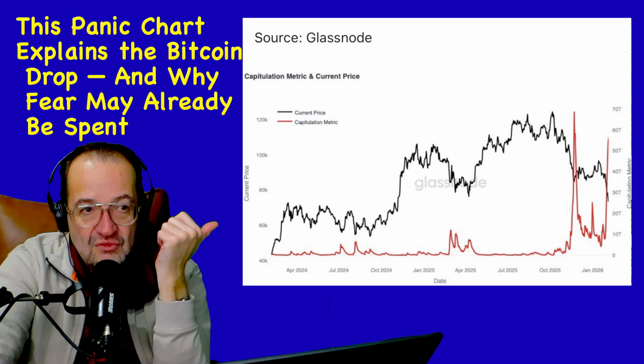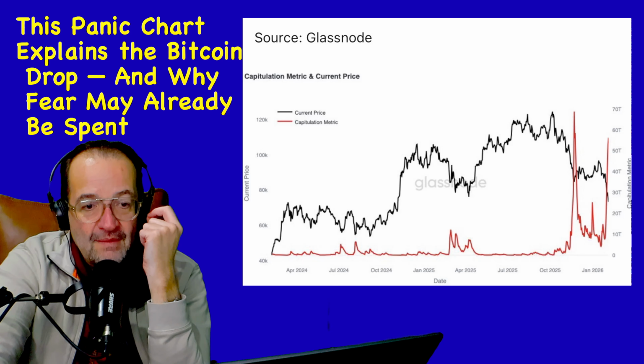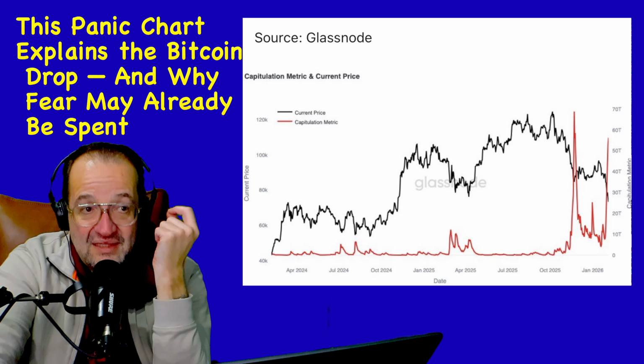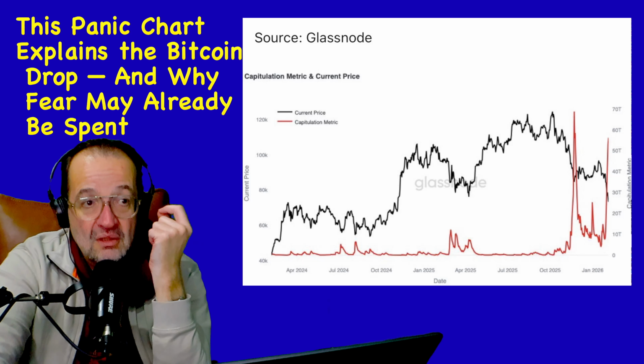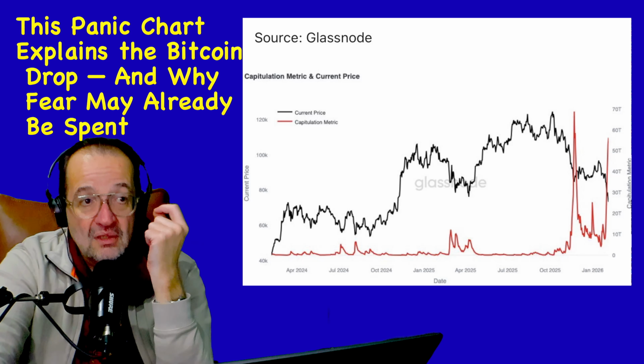These spikes do not last long. Panic is intense, but short. Aftermath: when capitulation fades, selling pressure dries up and the market often stabilizes, and sometimes it rallies, sometimes it chops, but panic is gone. So you could have price down, as you could see, with no panic.